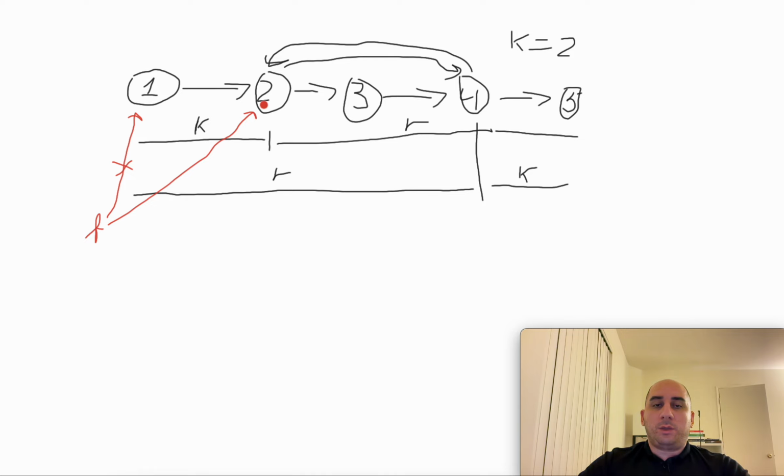And we can create one more variable, let's call it temp, which is also pointing to our first node, to this one.